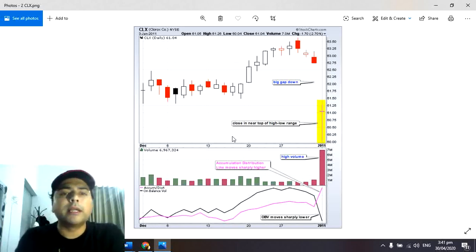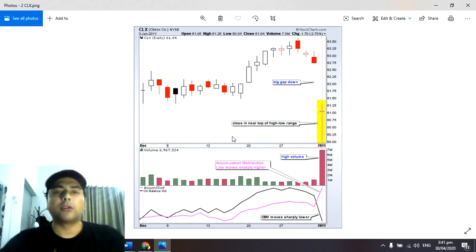OBV indicator adds volume when today's close is higher than the previous day's close, and subtracts the volume when today's close is lower than the previous day's close. The cumulative total of this positive and negative volume forms an OBV line. This line is then compared with the price chart of the underlying security to look for divergences and confirmation.